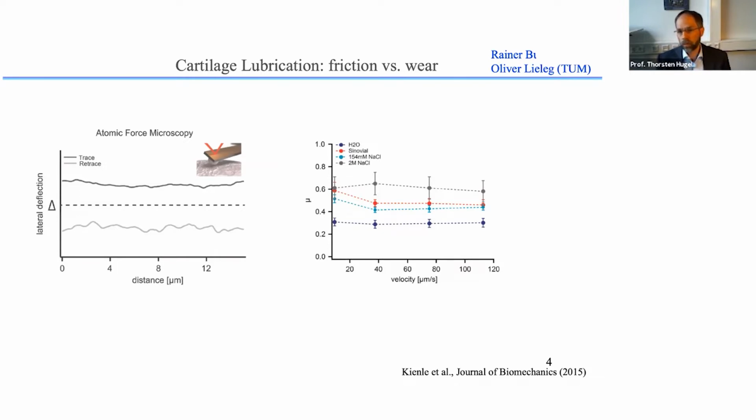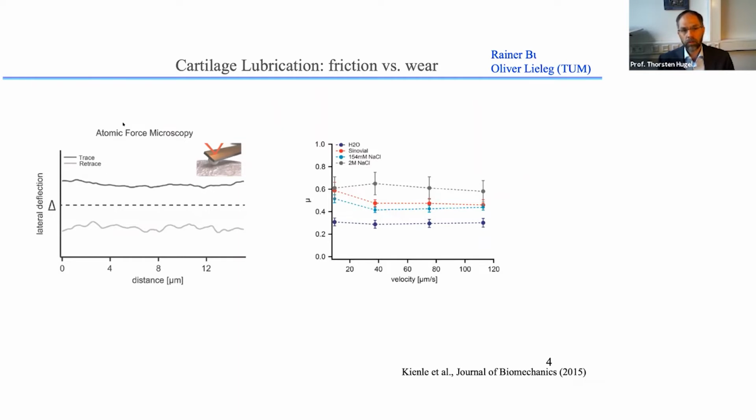I mean, you always lose a little bit of liquid and then they put something in there. And the patients that got synovial fluid say they feel better than the patients that got just a physiological salt concentration. And at that time, people thought the reason is that synovial is a better lubricant, that the friction coefficient is lower.